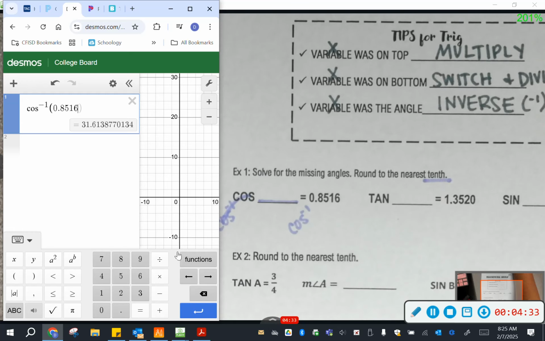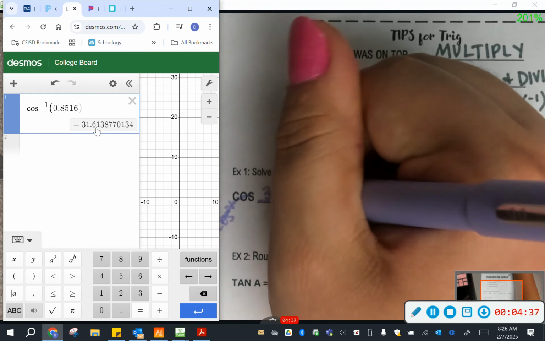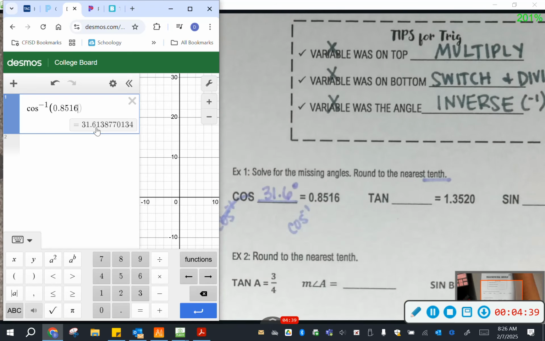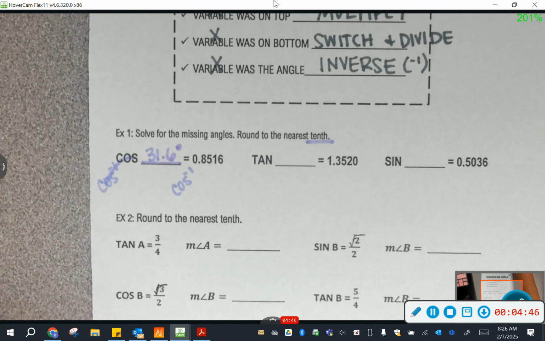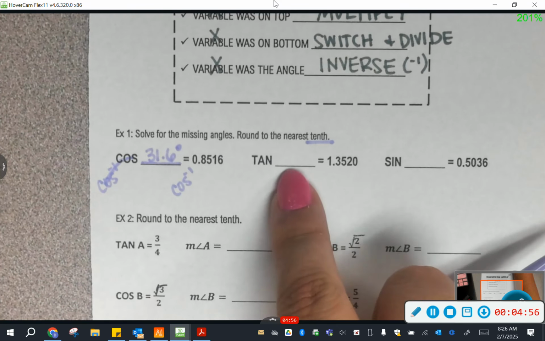So what is my answer going to be right here? 31.6 is my answer. And this is an angle, so you need to put degrees. 31.6 degrees is your answer. Write that down. Anytime you are looking for an angle, you're going to hit functions and hit one of the inverses. So what about for tangent?